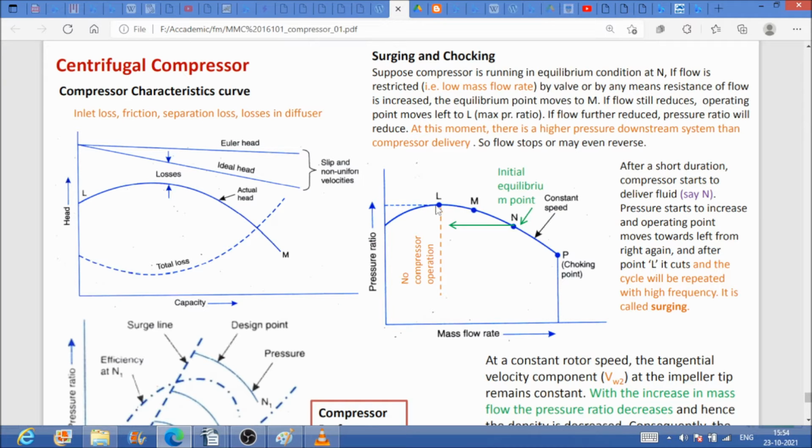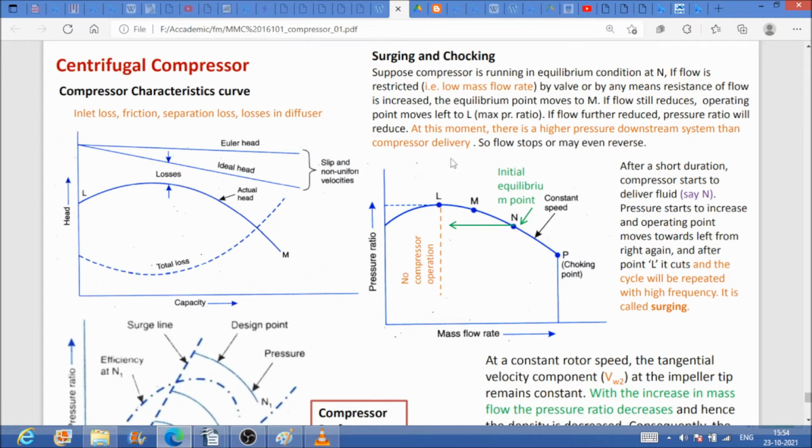Beyond this, when the mass flow rate is further decreased, then you cannot operate the compressor at the left part of this L.